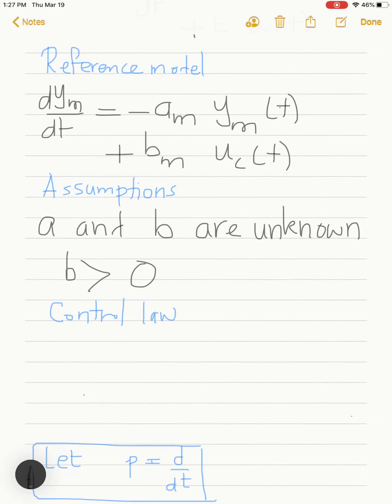The control law would be a usual control expression that contains a feed-forward term depending on the set point and another feedback term depending on the output measurement.